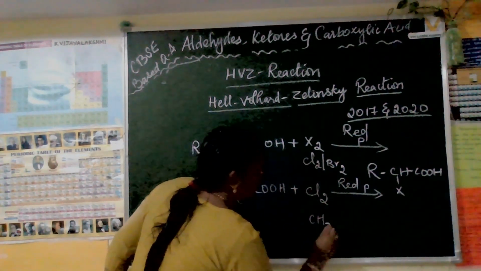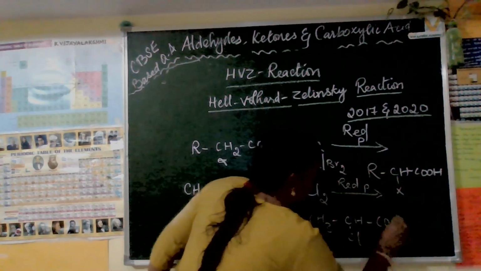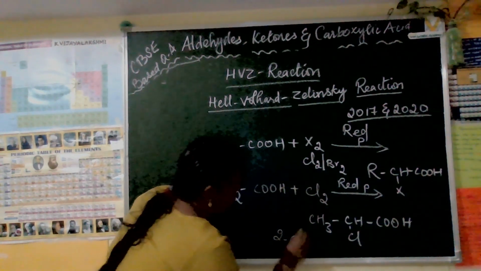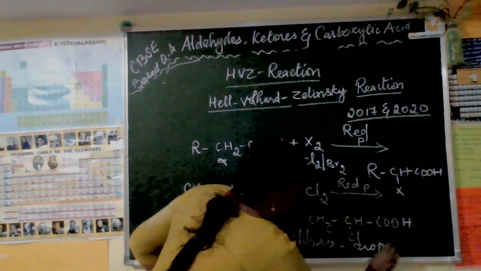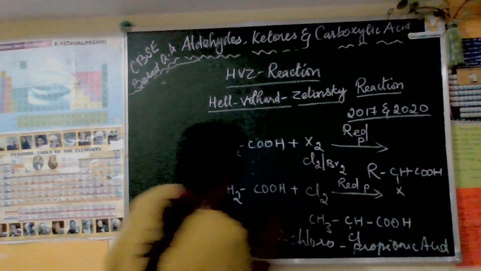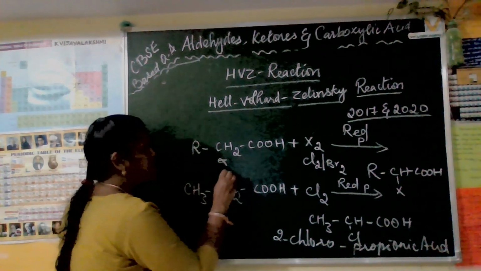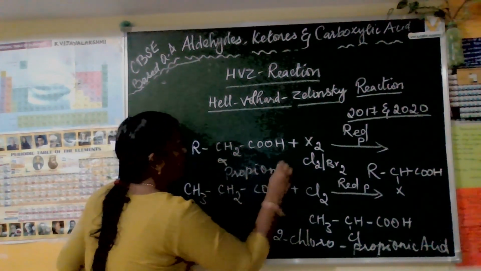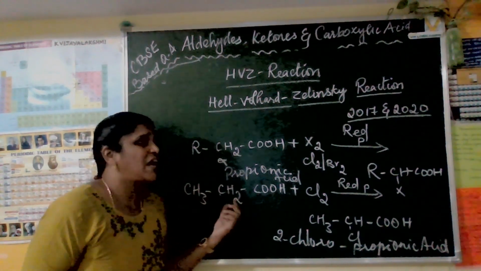Before I write, you will answer: CH3 CH Cl COOH, which is 2-chloropropionic acid. It is only propionic acid, as there are 3 carbons: 1, 2, 3. So we can say it is propionic acid. The main thing is that it has to have an alpha hydrogen.